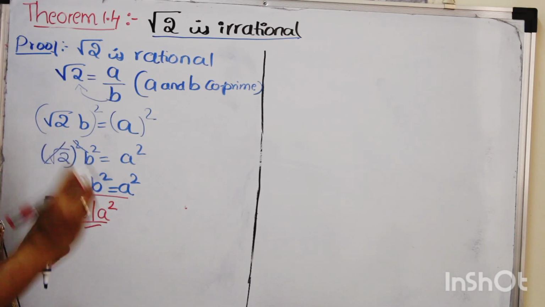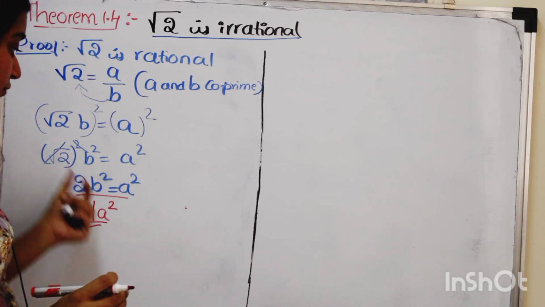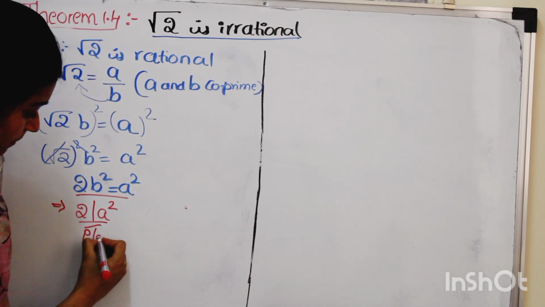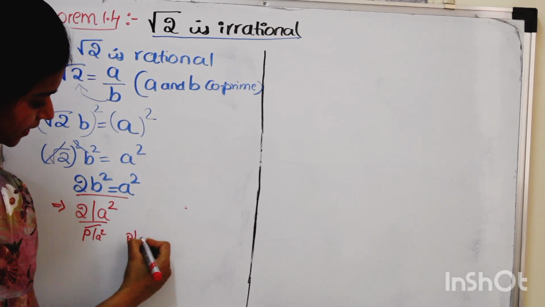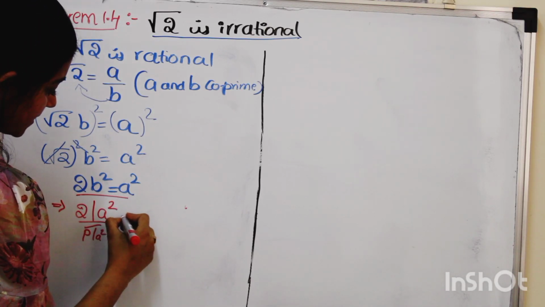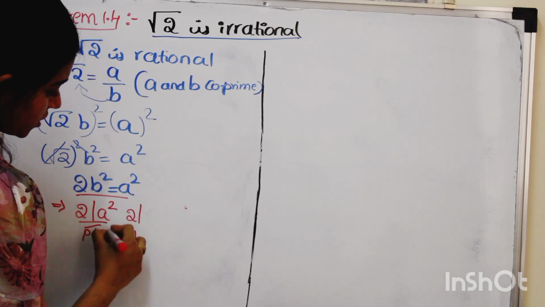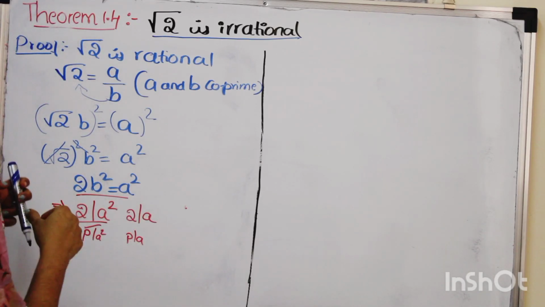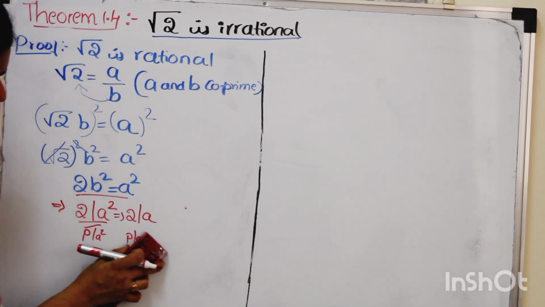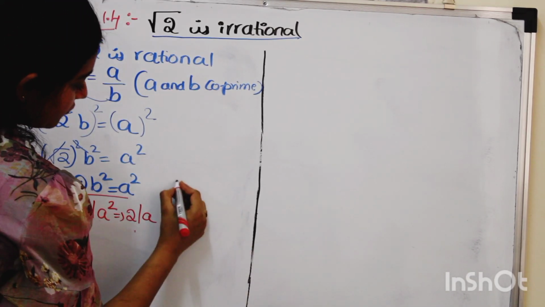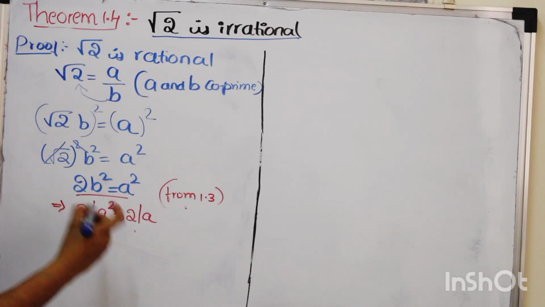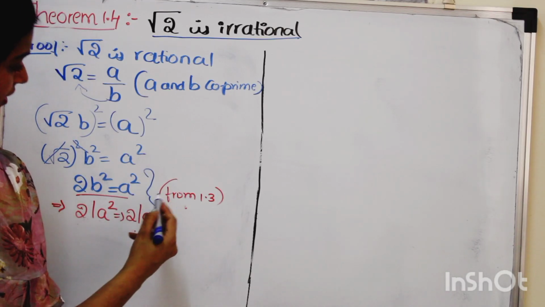If p divides a square, then p divides a, correct? What is p here? 2. So 2 divides a square implies 2 divides a. This is from theorem 1.3.